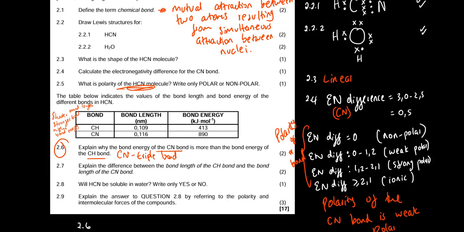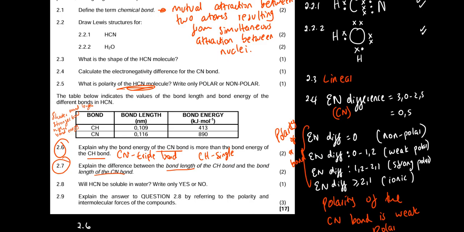Yes. And then now explain the difference between the bond length of the CH bond and the bond length of the CN bond. Here's where you're focusing on bond length. Which one has a longer bond length? CN has a longer bond length, right?